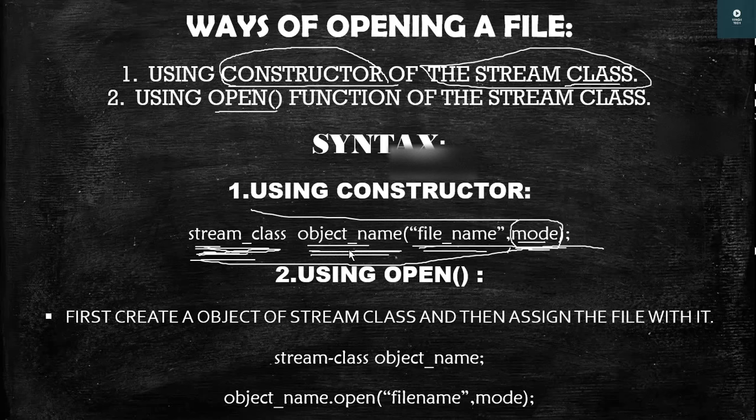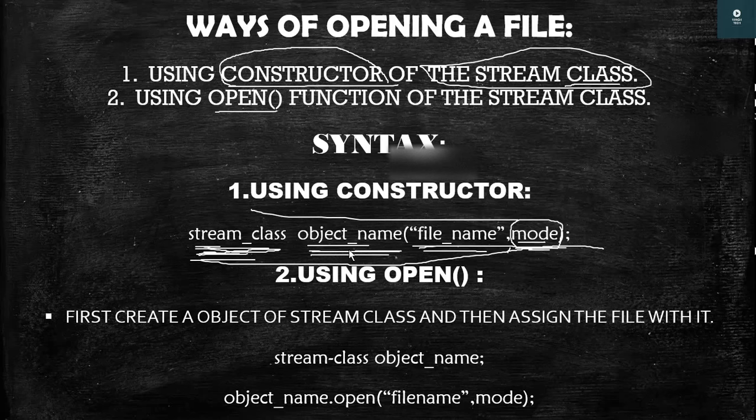Then we are creating a character whose name is ch, and then we are taking input from the file. See here, the syntax is to write the object name first, so the object name is filein. Then use two angles here, and then write the variable name. This is the example for this syntax. Then we are giving output, displaying the character which is taken from the file.